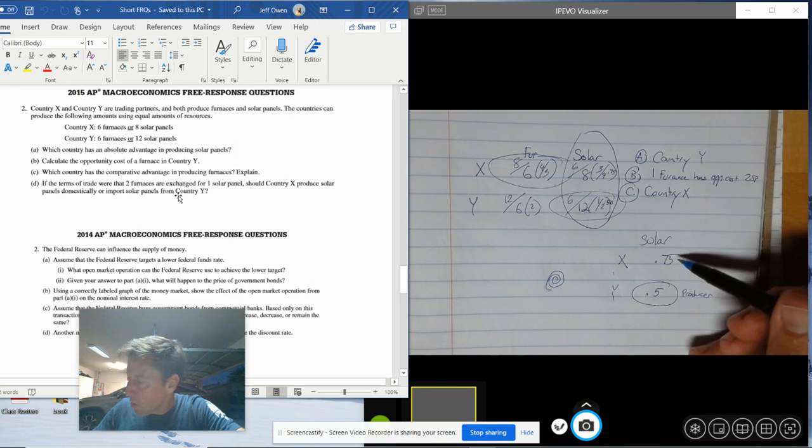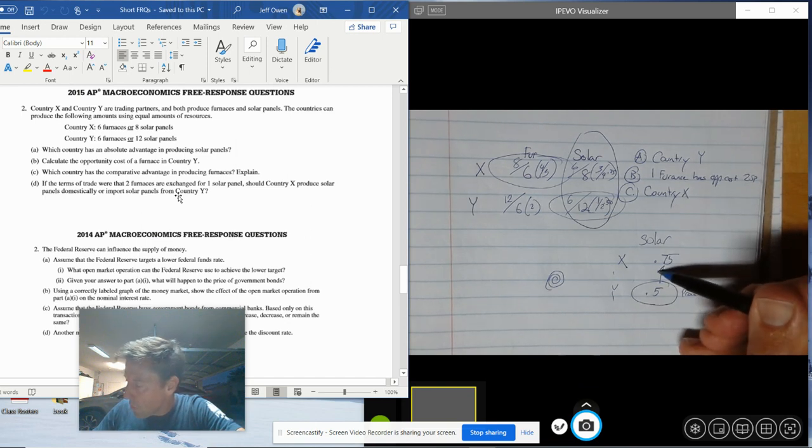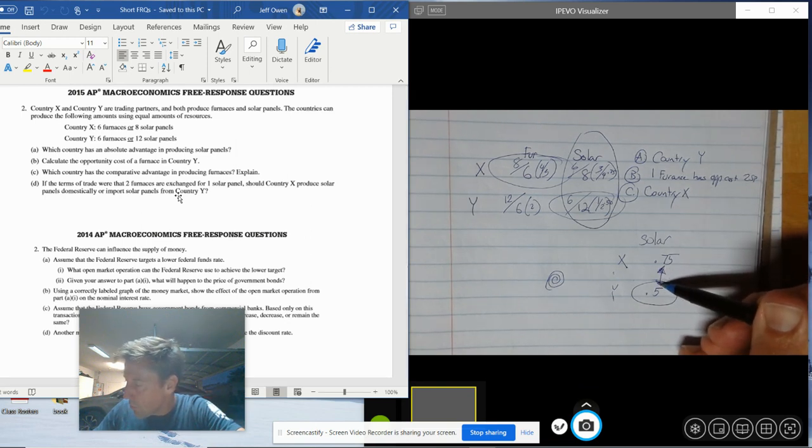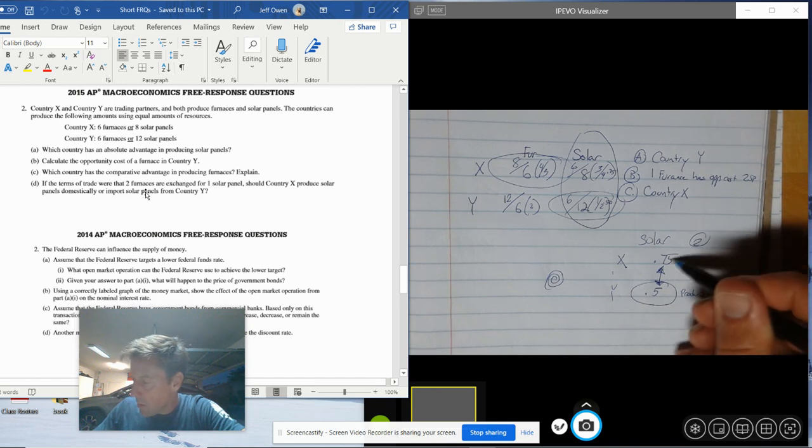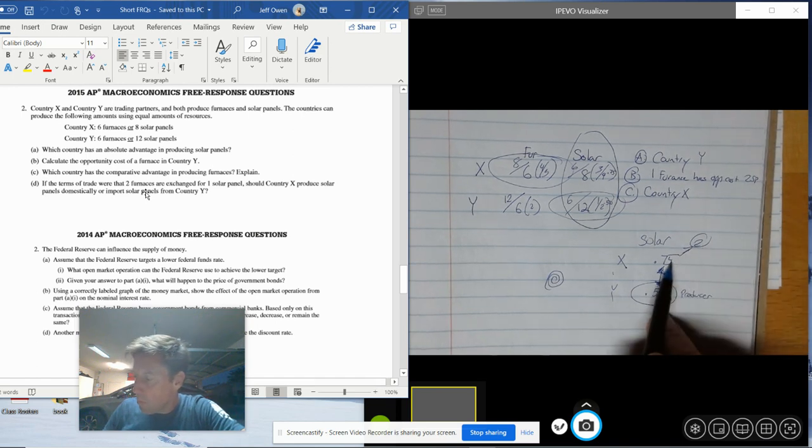So these are our buyers. So we need a number that falls in between these two. He wants a number higher than 0.5. He wants to make more than the opportunity cost that he's giving up. He wants to do it cheaper. Now, we already know that 2 is greater than 0.75, right?